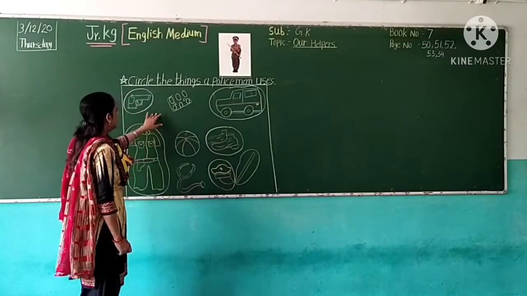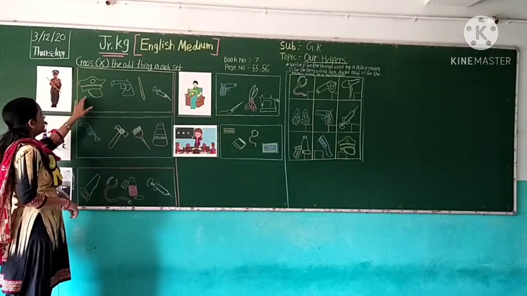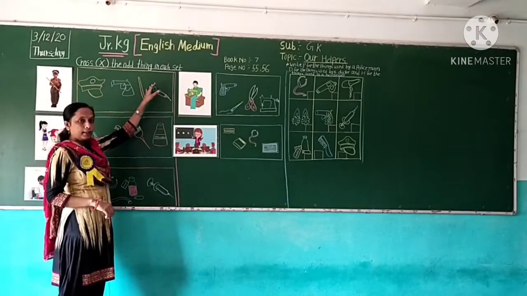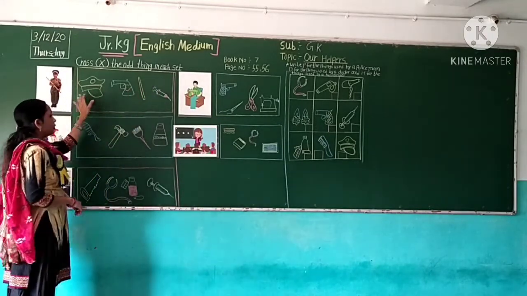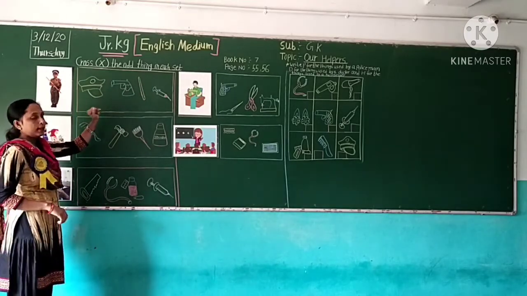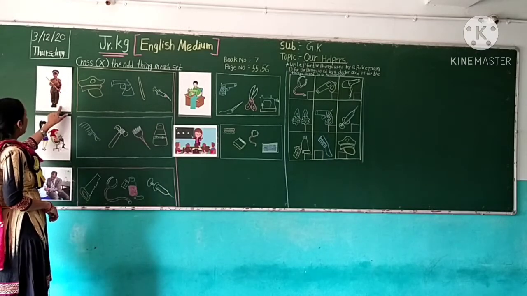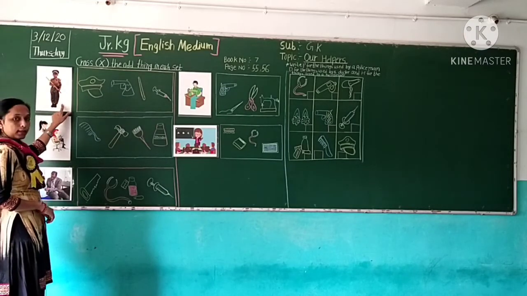Circle only the things of the policeman. Next exercise is cross the odd things in each set. So student, look at these pictures carefully and cross the odd things. Okay. So which helper is this? Tell me. Yes. Policeman.